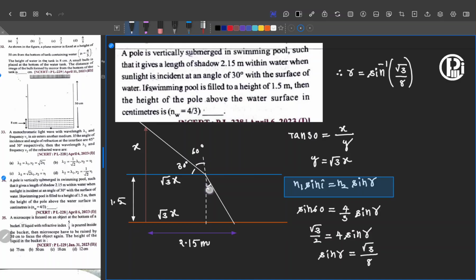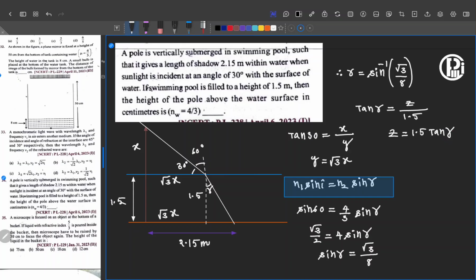Now I get this r, right? And I know this is 1.5. Now I have to find out this distance, again from tan r. So tan r equals opposite by adjacent; let's say opposite is z, by 1.5. Therefore z is equal to 1.5 into tan r.